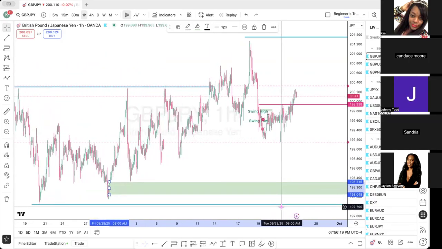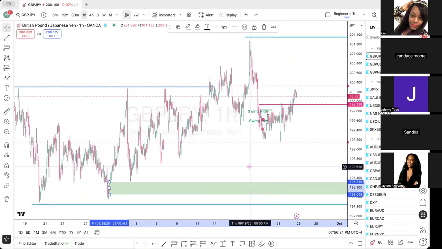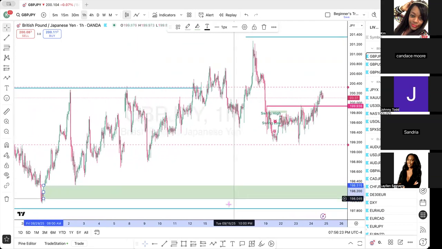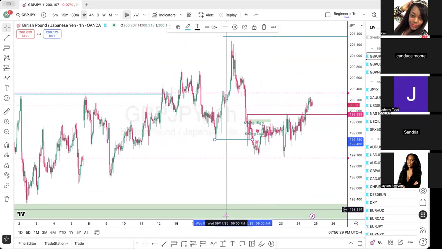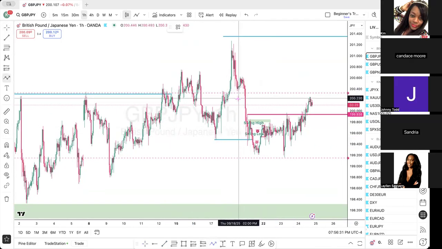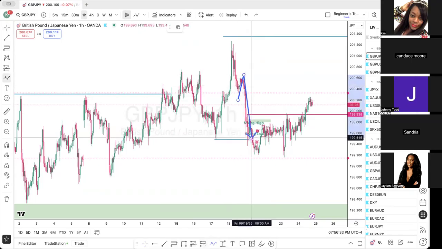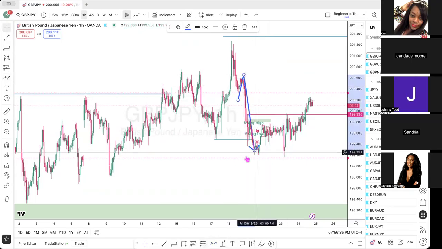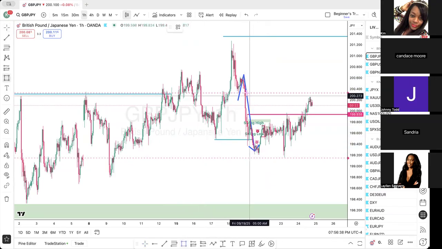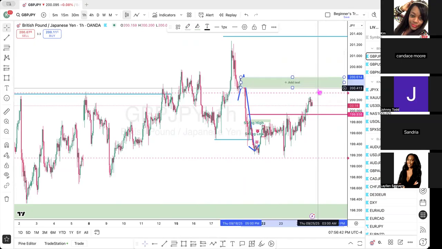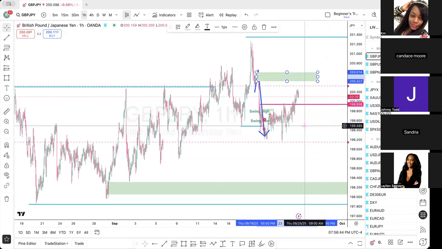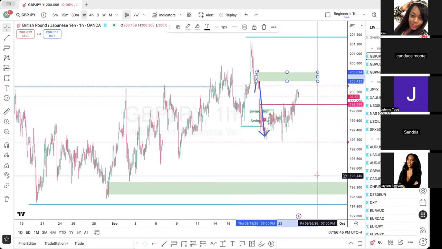So with that being said, we got a market structure shift here, right? So now we have bearish structure, which is here. So I am looking for price to pull back into this zone and start selling because I'm looking for price to come back down here.